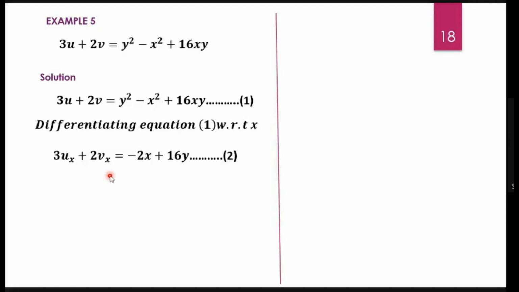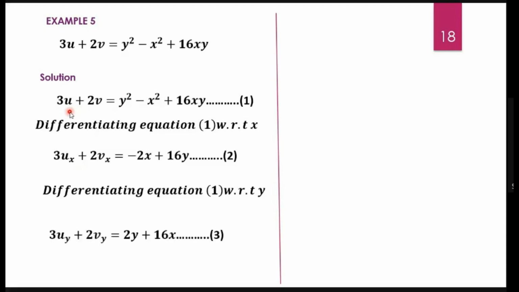Now what will I do? Here we want ux and vx. So directly we will not get ux and vx from one equation. So we will require one more equation. So differentiate this partially with respect to y now. Differentiating equation 1 partially with respect to y, we get 3uy plus 2vy equals 2y plus 16x, since the derivative of y squared is 2y, of x squared is 0, and of 16xy is 16x.